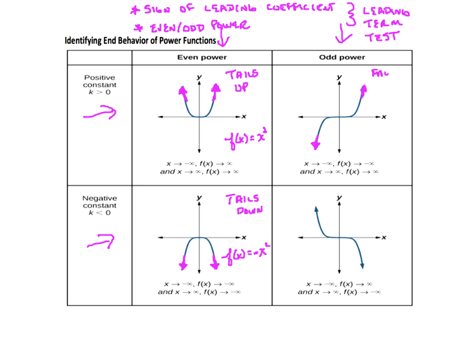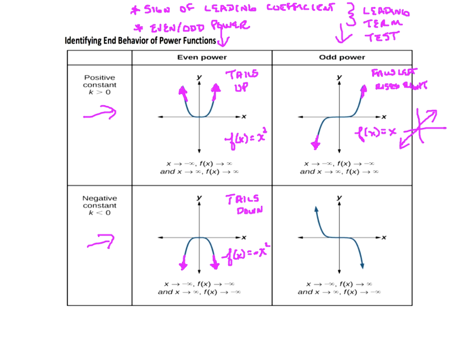So this is falls left, rises right. So the identity function f of x equals x, something that looks like this, that's an example of a positive odd.